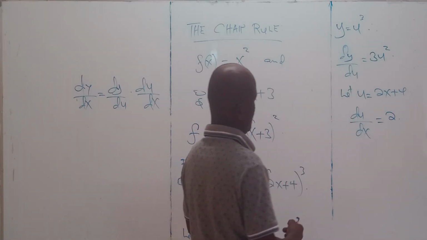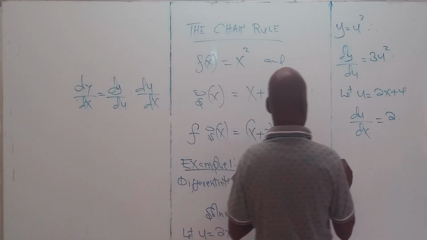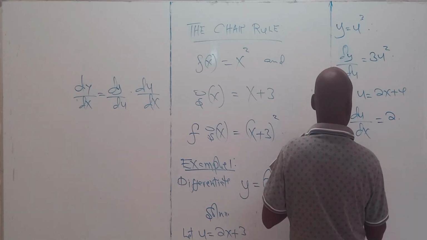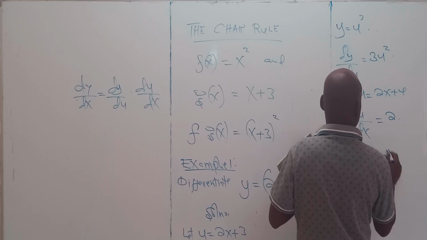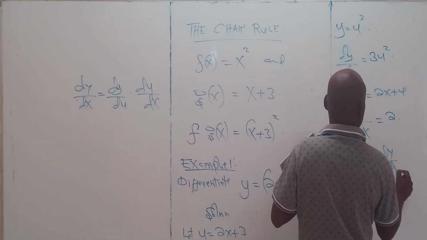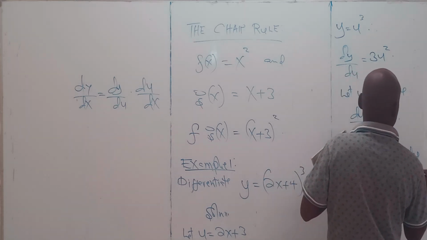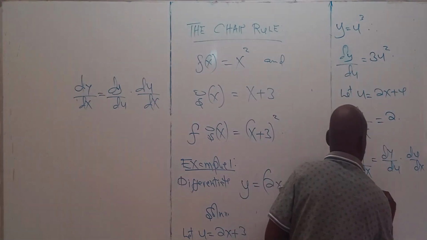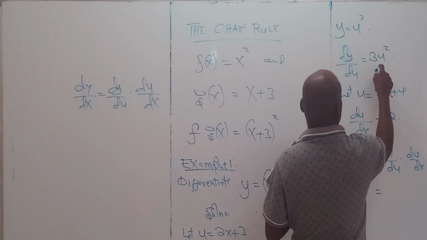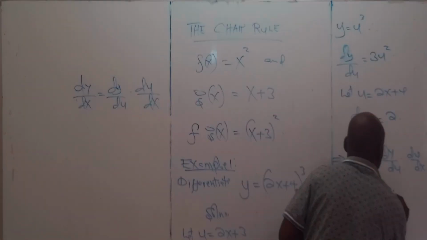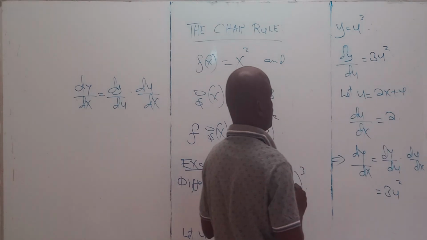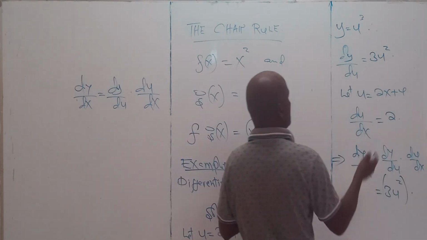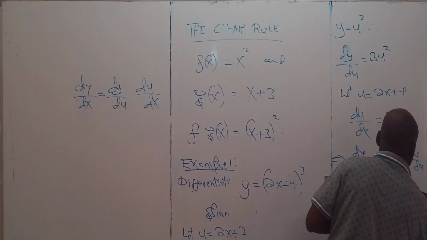And now bringing this result together, dy dx is equal to dy du dot du dx. That's the chain rule. But now, what is dy du? Our dy du is 3u squared. So I need to multiply this by du dx, which is 2.